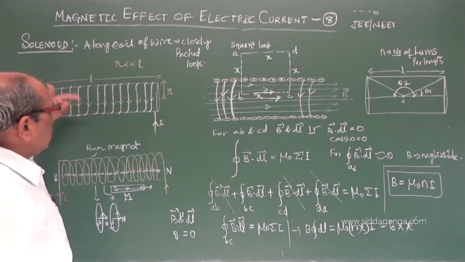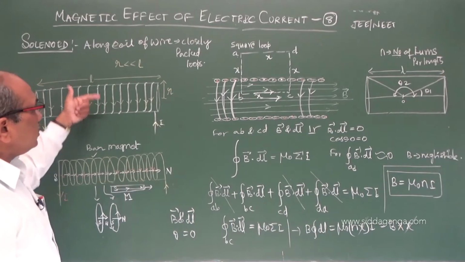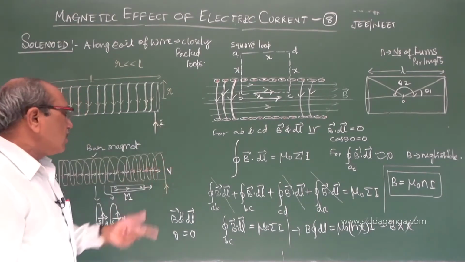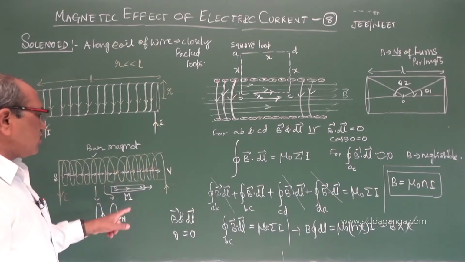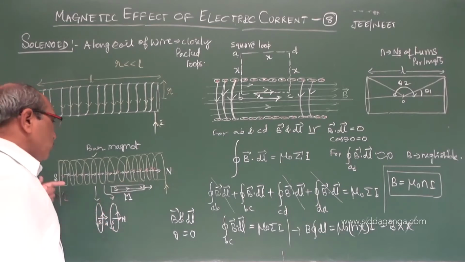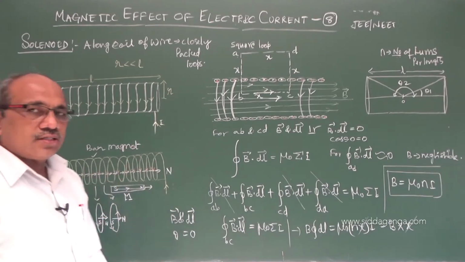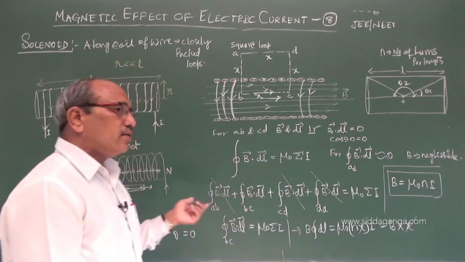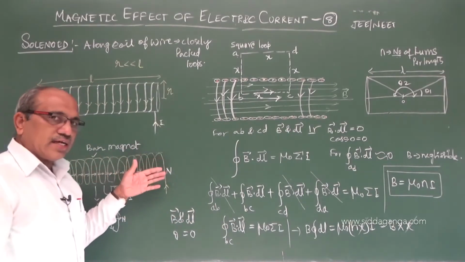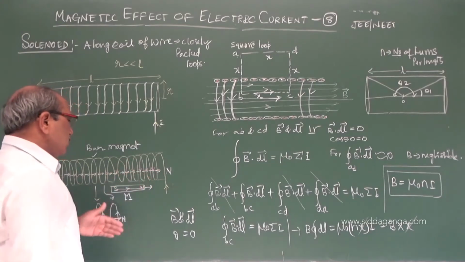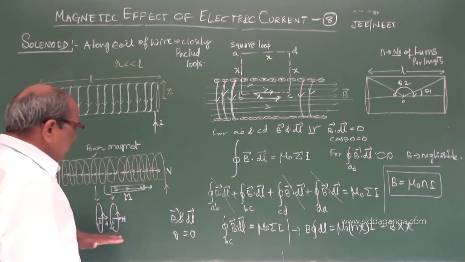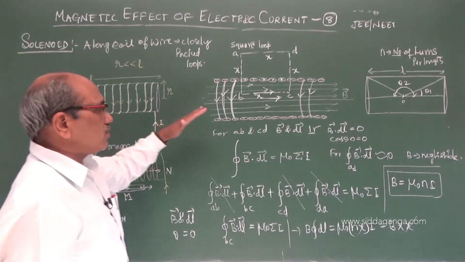Insulated copper wire is wound in such a fashion that each loop is almost parallel to one another. Thereby, when current is passed, each loop carries the current in the same sense and produces a magnetic field. Each loop behaves as a tiny magnet, and in case of a loop, along the axis of the loop, magnetic field is maximum. Thereby, we see within the solenoid, along the axis, field seems to be most concentrated.